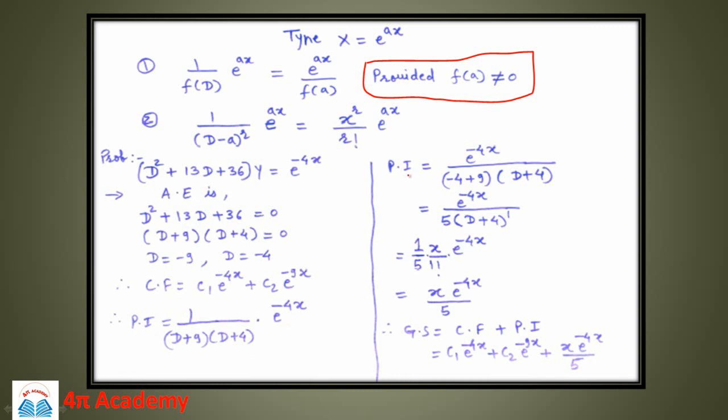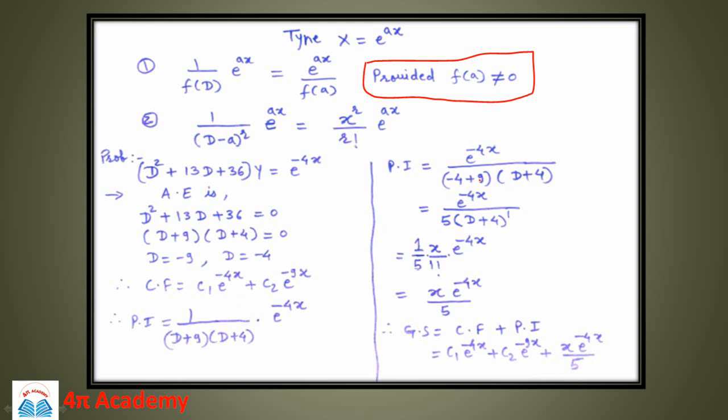So that will be equal to e raised to power minus 4x divided by, now here I keep this D plus 4 as it is, because if I put here D as minus 4, then minus 4 plus 4 will be 0, and hence I keep this D plus 4 as it is. Here if I put D as minus 4, then 9 minus 4 will be 5.